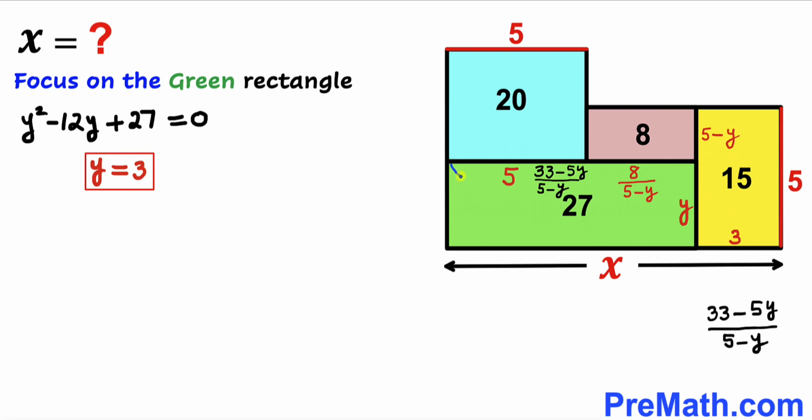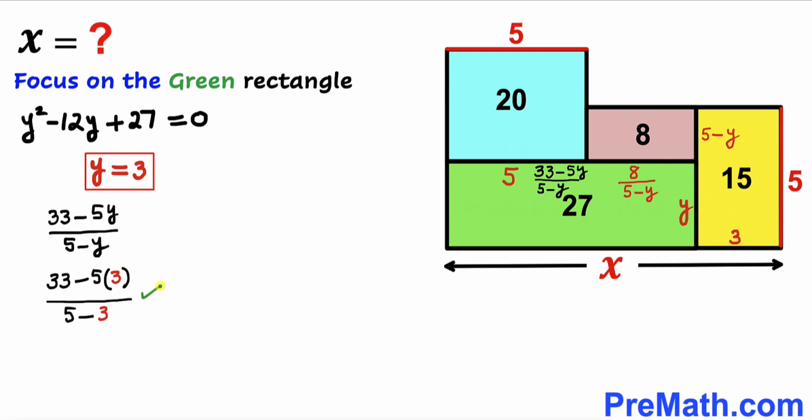And we know the side length of this green rectangle is (33 minus 5y) divided by (5 minus y). Here I have copied it down, and wherever I see y, I'm going to replace it by 3 across the board. As you can see in this next step, I have substituted y as 3 over here.